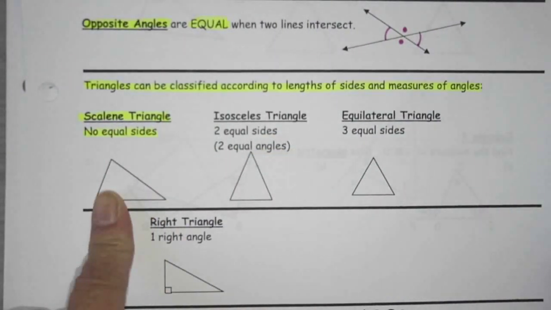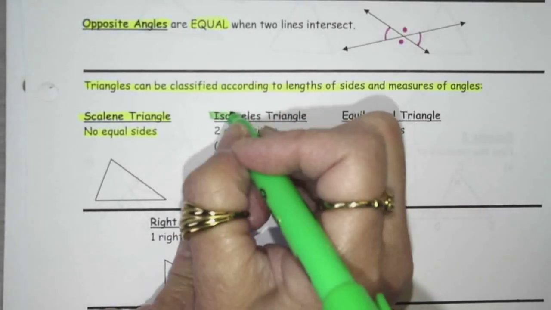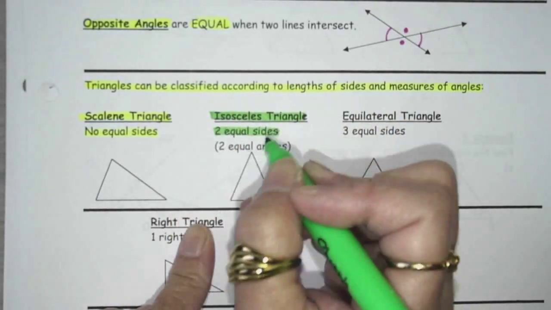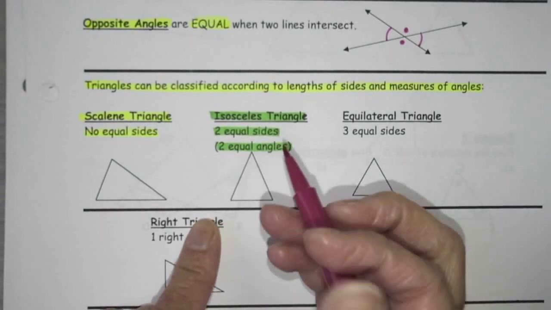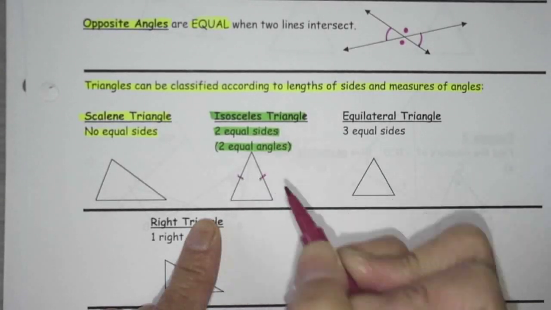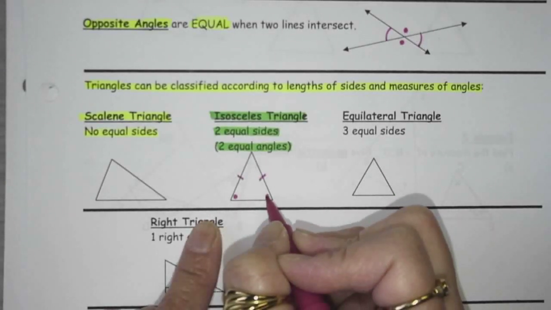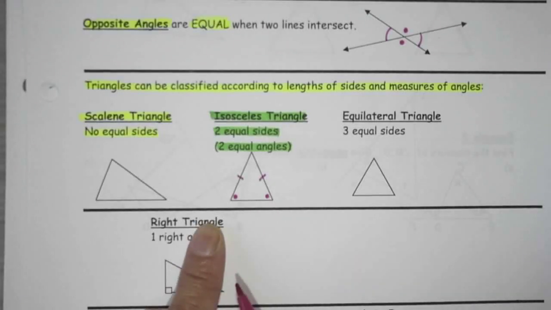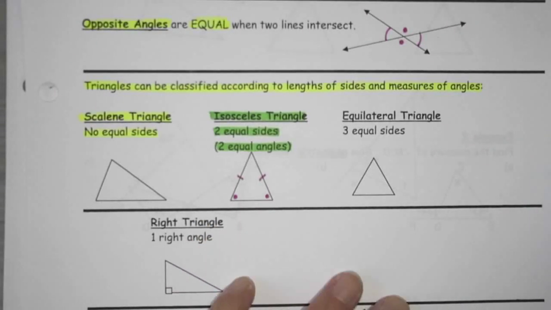It's just three sides. Something different would be the isosceles triangle, which means there's two equal sides and two equal angles. So looking here, these two sides are equal, which also means these two angles are equal. So this angle equals this angle. And if these two angles are equal, those two sides must be equal. That's an isosceles triangle.